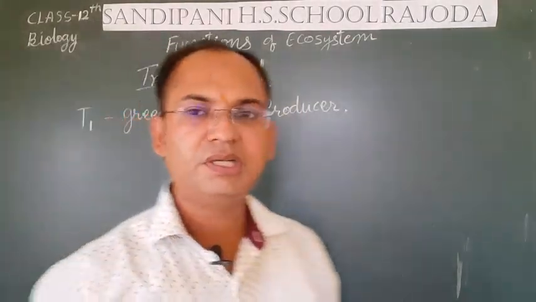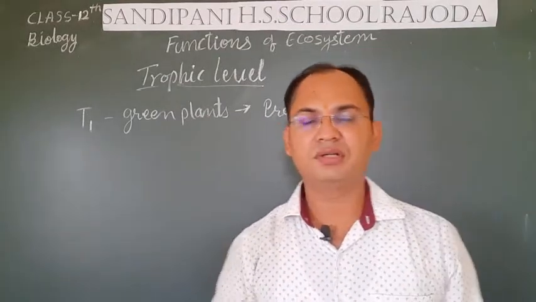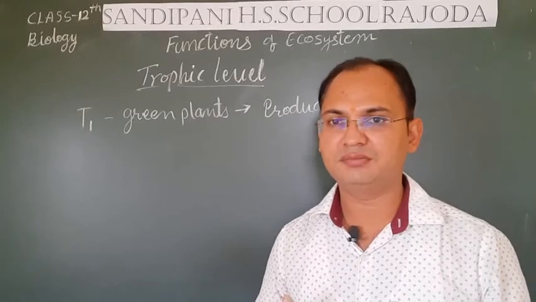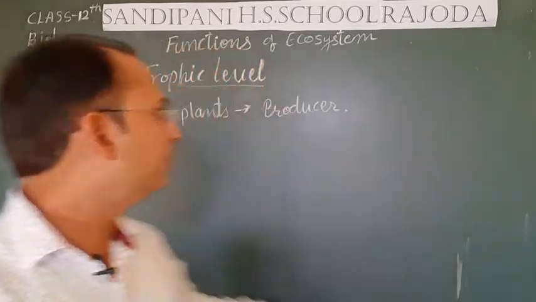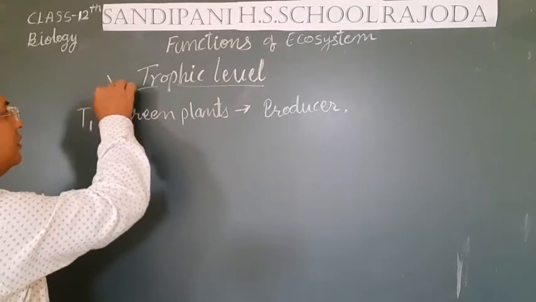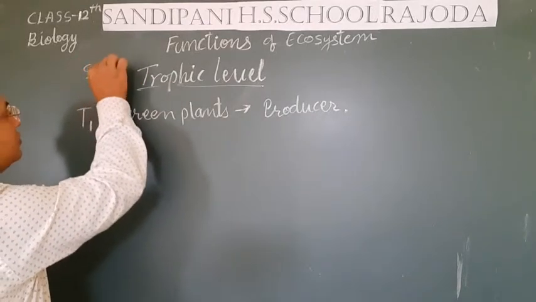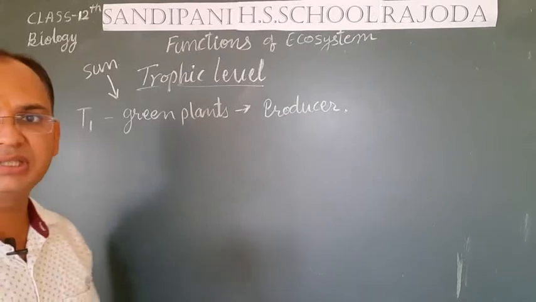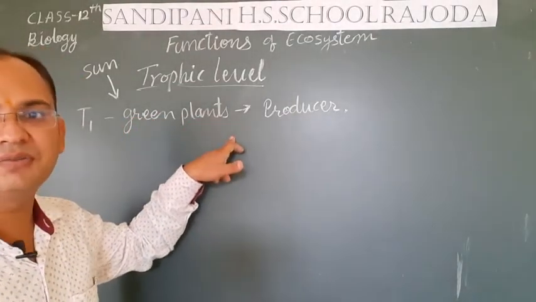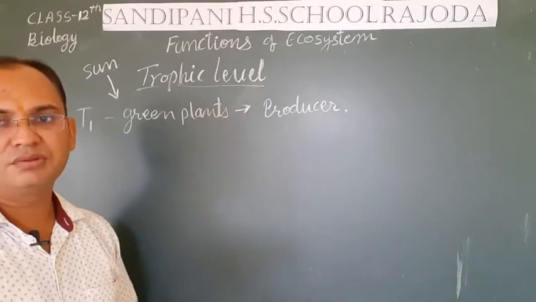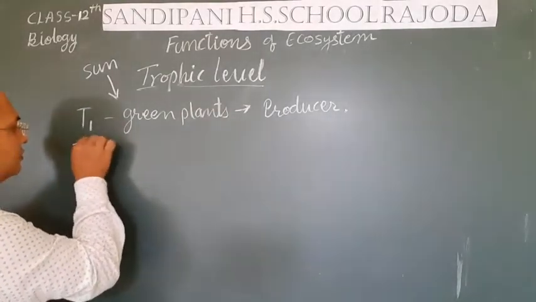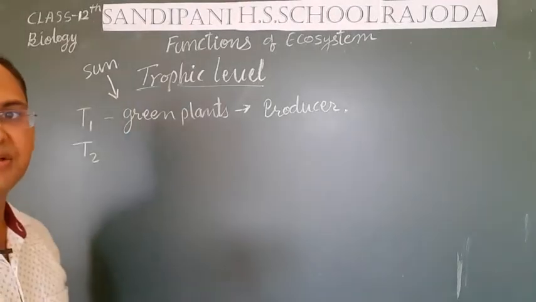In the next trophic level, students, all the living organisms which feed on green plants are included. So, the green plants take the energy from the sun. So, the ultimate source of energy is the sun. Now, the energy in green plants gets transferred into herbivores, those who depend directly on the green plants, and they constitute the second trophic level.